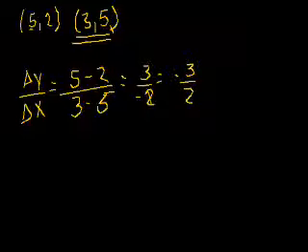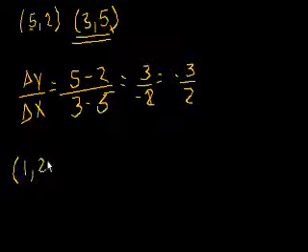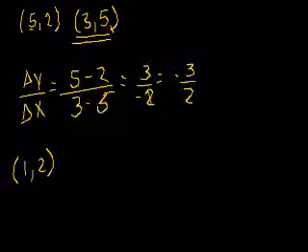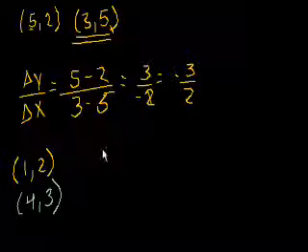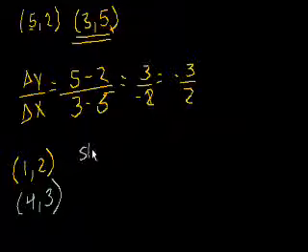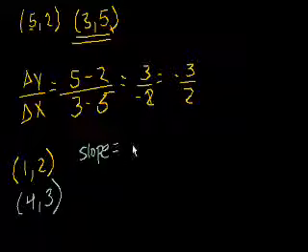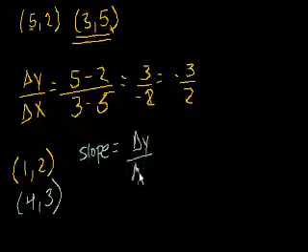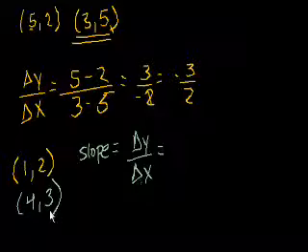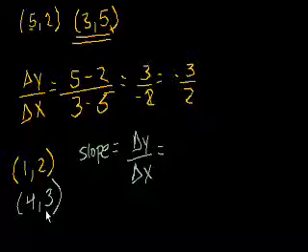Let's do another one. And this time I'm going to try to make it color-coded so it'll be more self-explanatory. Say it's (1, 2), that's the first point. And then the second point is (4, 3). So once again, we say slope is equal to change in y over change in x. For the change in y, we take the first y. Let's start here, and we'll call that y1.